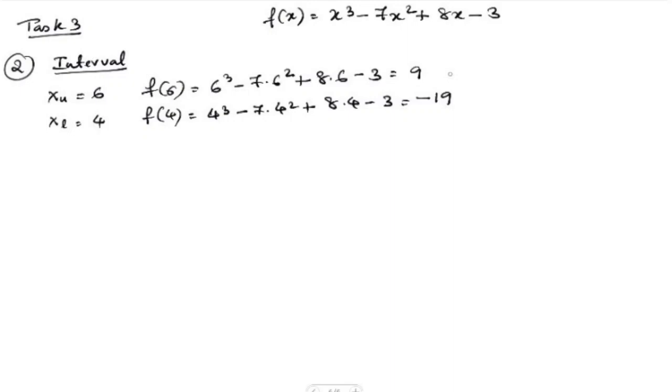So we have one value which is greater than 0 and the other less than 0.